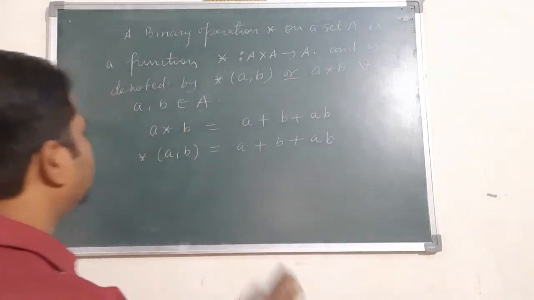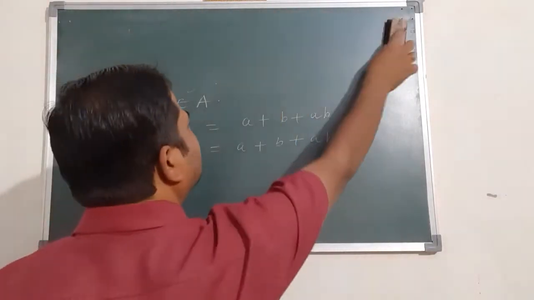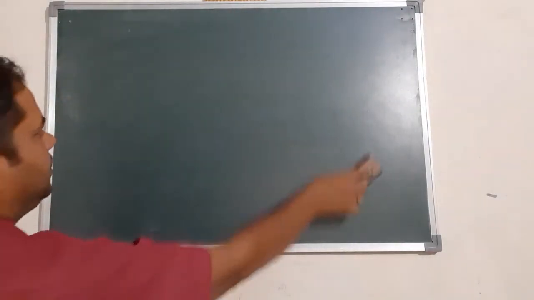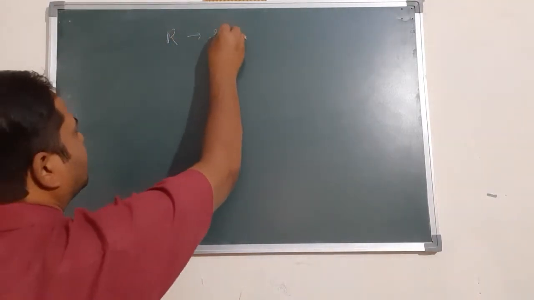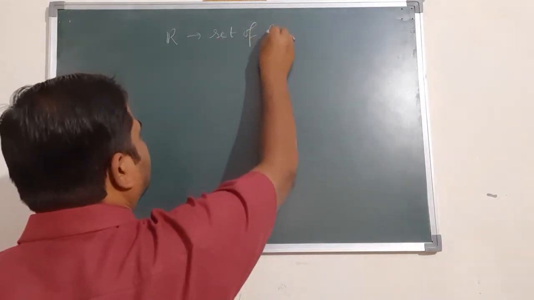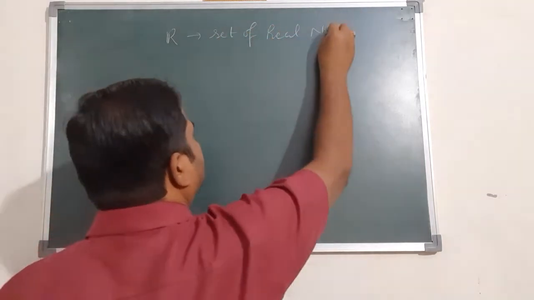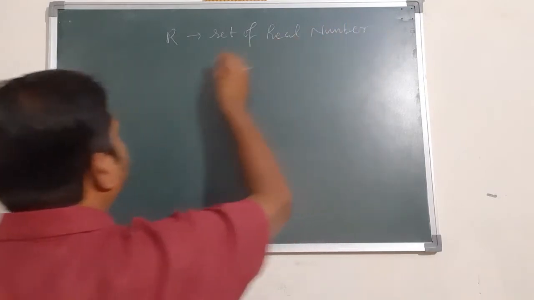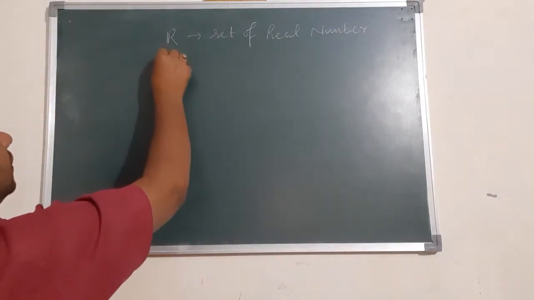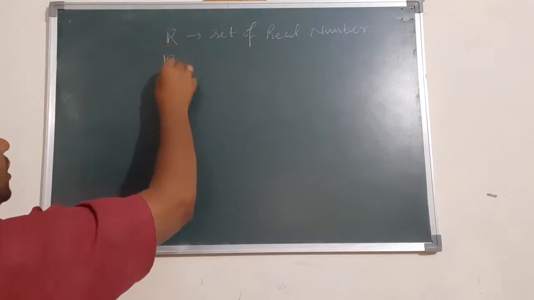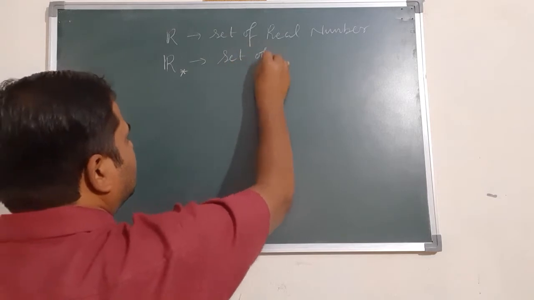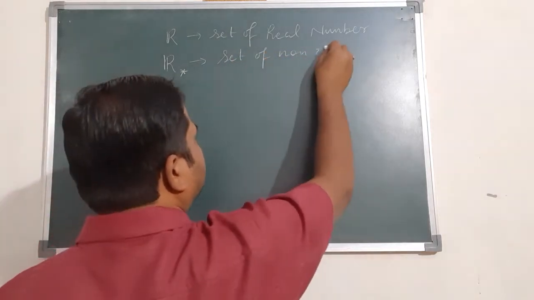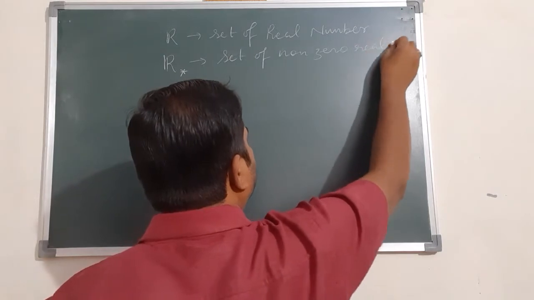Okay, see, maybe if you consider real numbers, then on R, the set of real numbers, and R star is the set of non-zero real numbers.